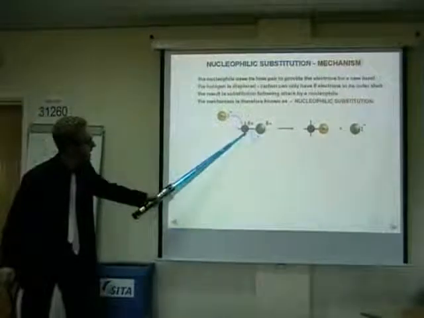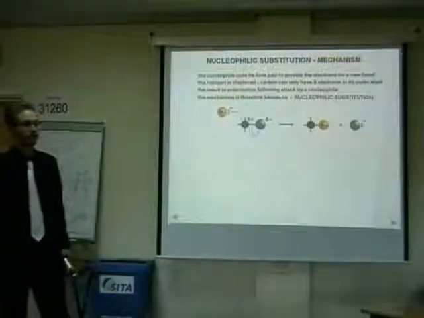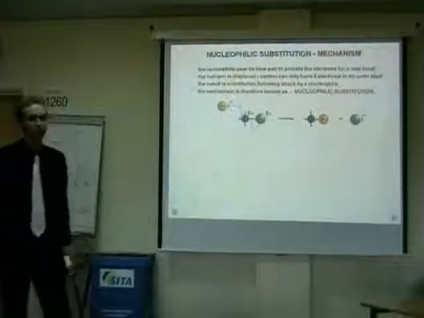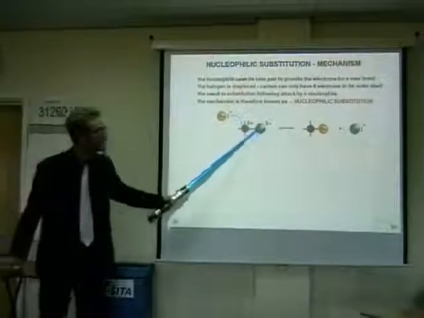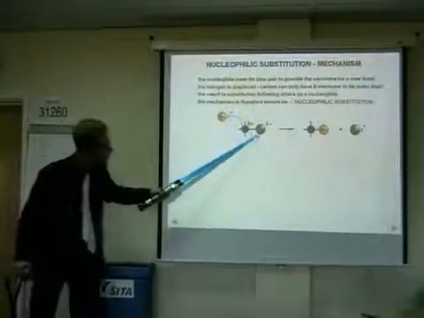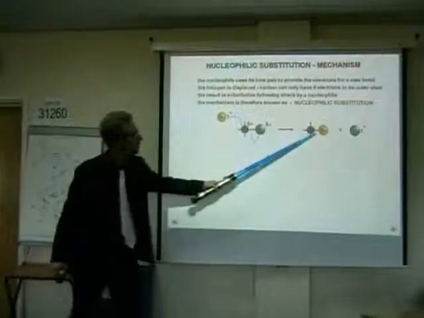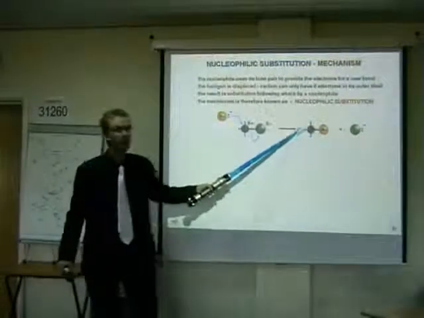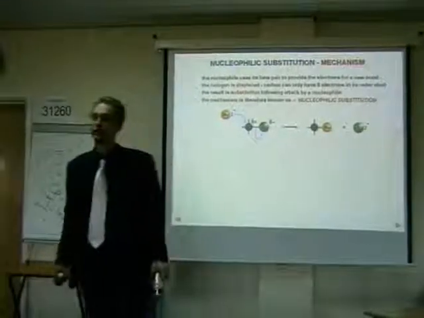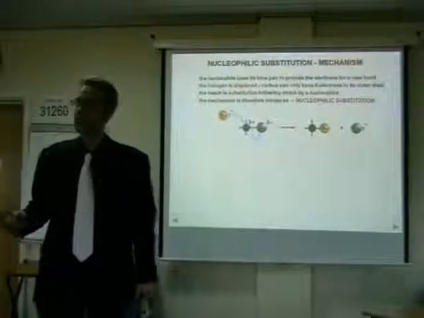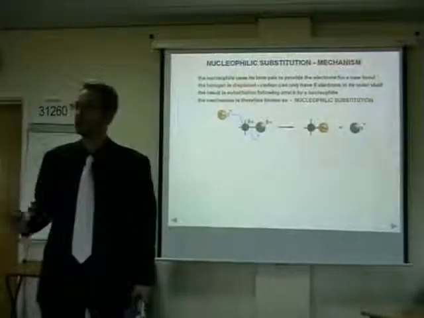Lone pair attacks the carbon. Negative to positive. At which point the chlorine can go. The nucleophile has now bonded to the carbon and the chlorine leaves. This is nucleophilic substitution.